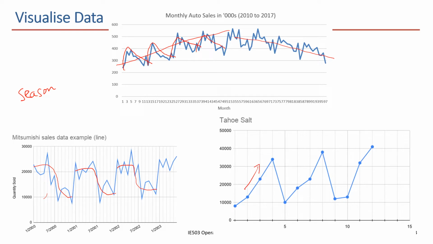Then again, it starts at the bottom and goes up, and starts at the bottom and goes up. Again, there seems to be an increasing trend across seasons. In the Tahoe example also, if you plot the trend line, it shows an increasing trend along with seasonality. So within a season there's an increase, as well as across seasons there seems to be an increase in the overall mean.